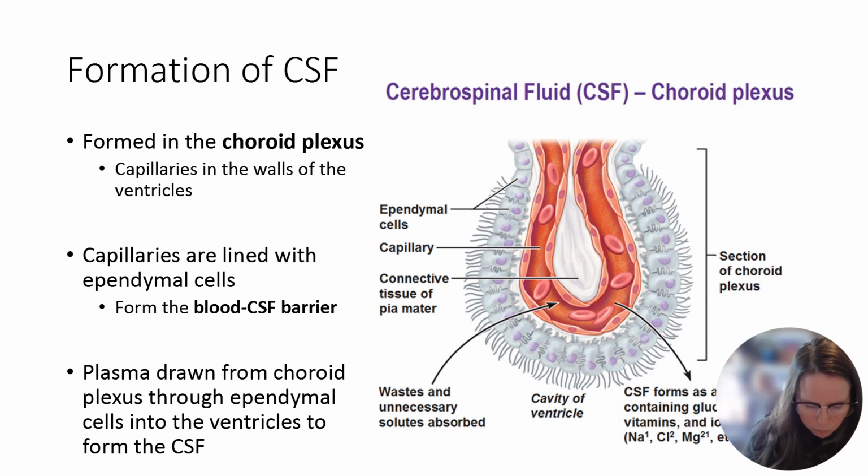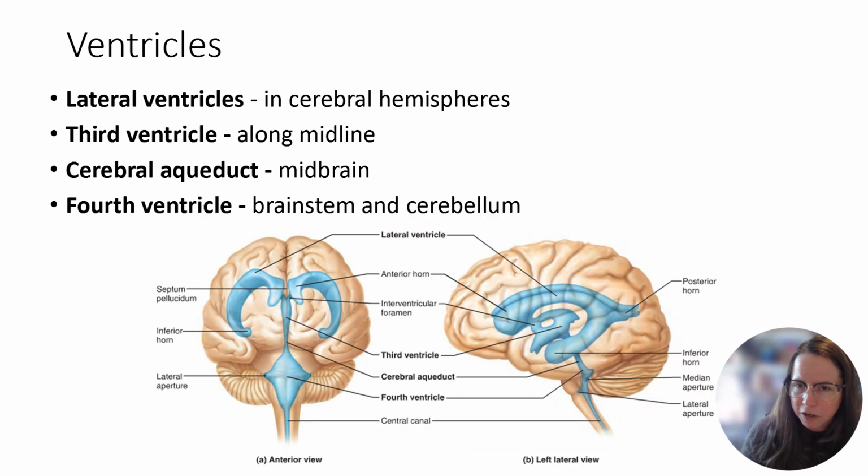Okay? So these choroid plexuses are found in a lot of the ventricle walls in the brain. Now, when you think ventricle, don't think in the heart, just think like a cavity, like an open space. So we have 4 major ventricles. We have our 2 lateral ventricles that are inside the hemispheres of the brain.